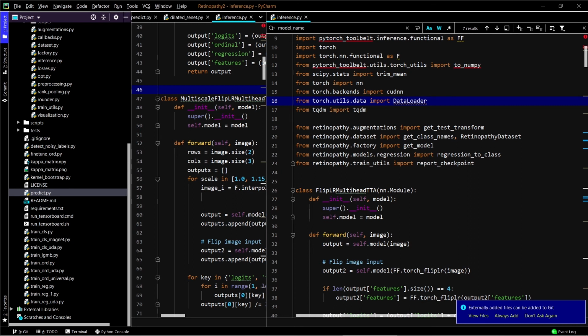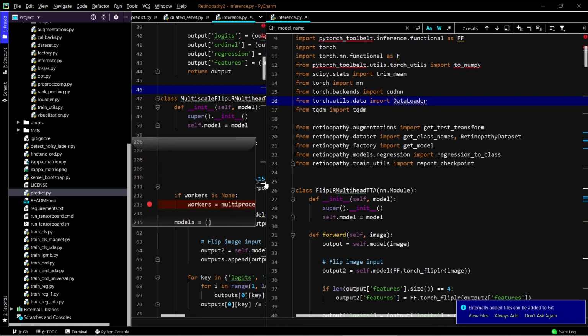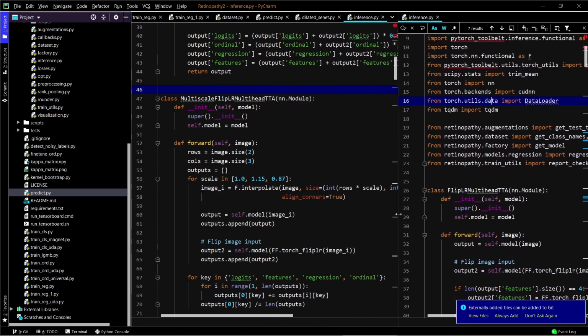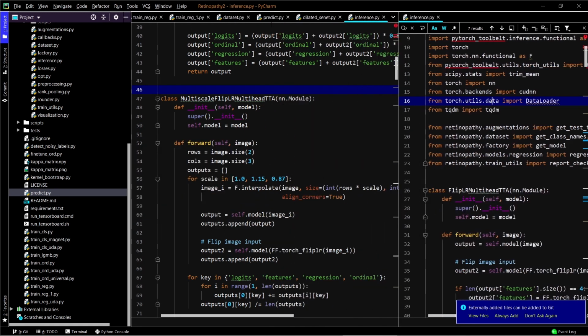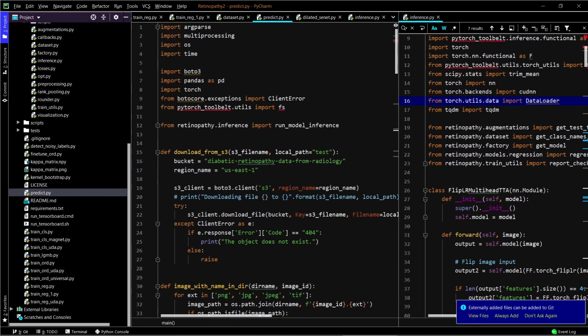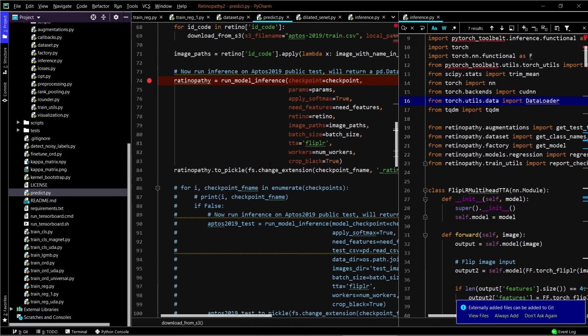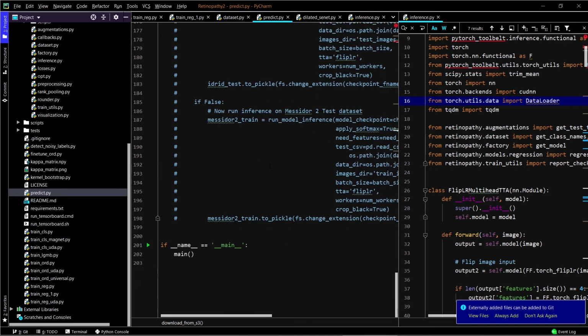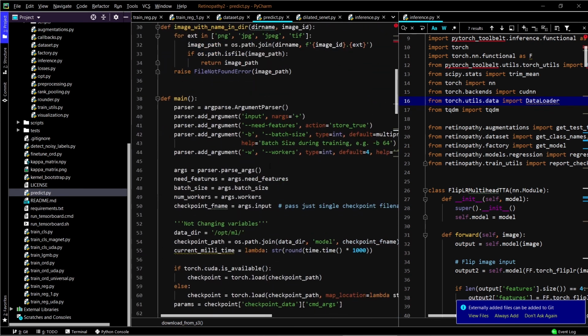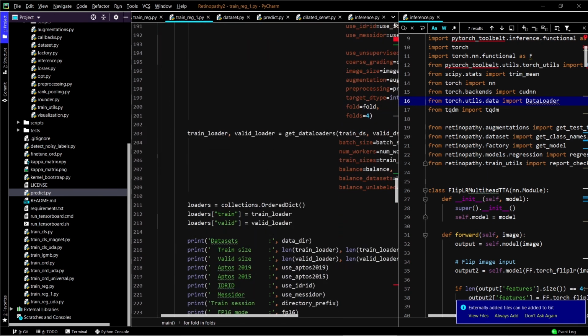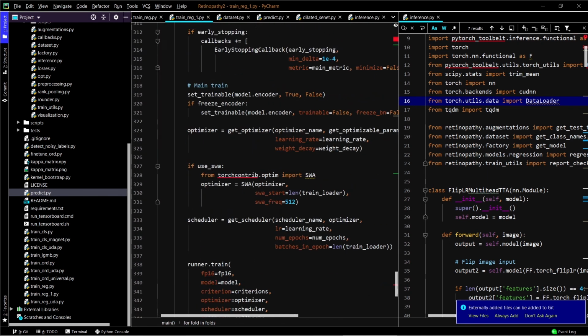That's where we are, and we have been working here on the prediction part. We have done some changes, and those changes are literally visible here. We are training with this instance. You can see this.